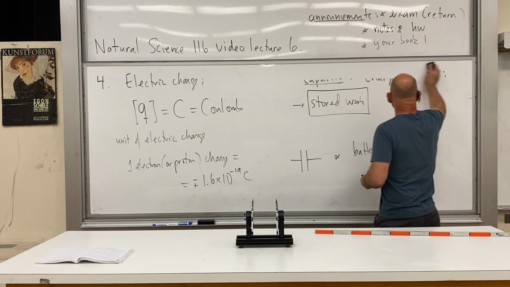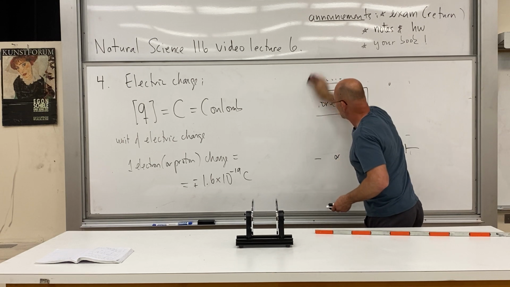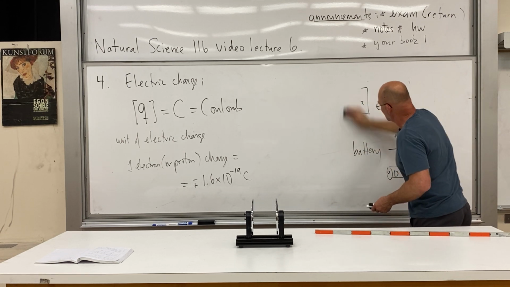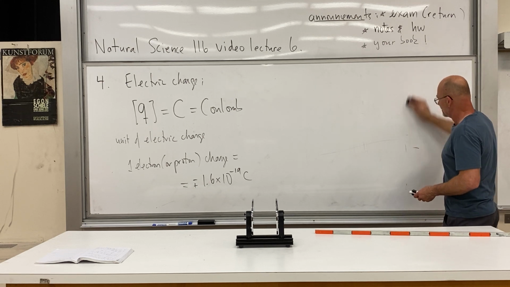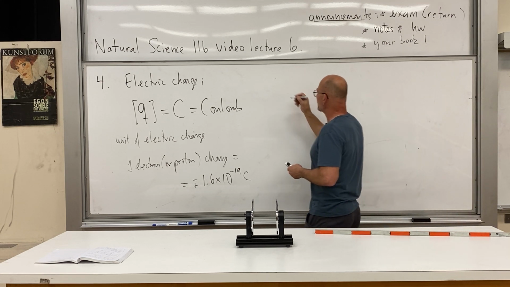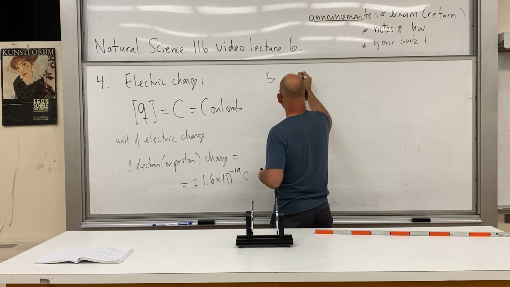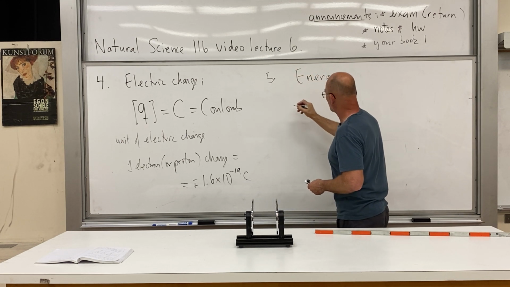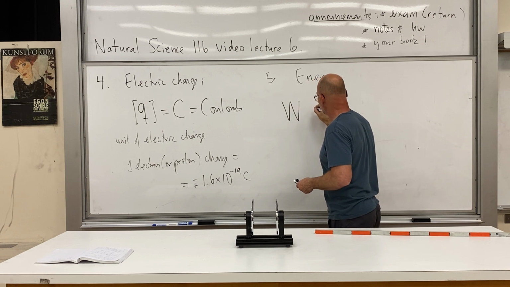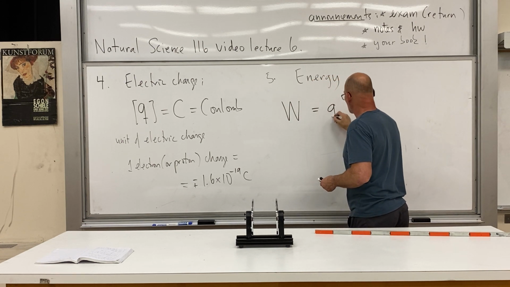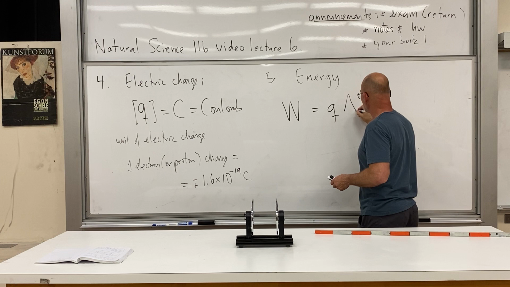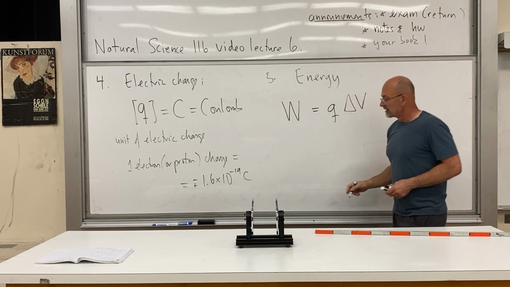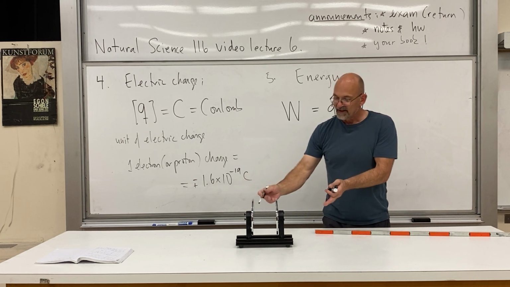My fifth point is that the work here now, energy. So my W represents the energy, for work, is equal to Q, the charge, times delta V. And now I can talk about this thing again.